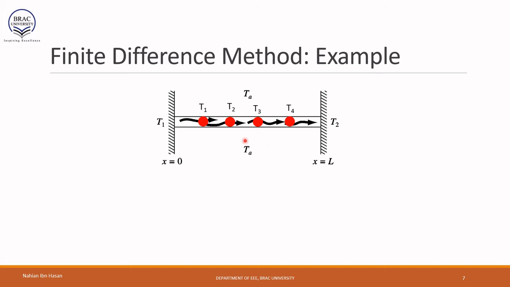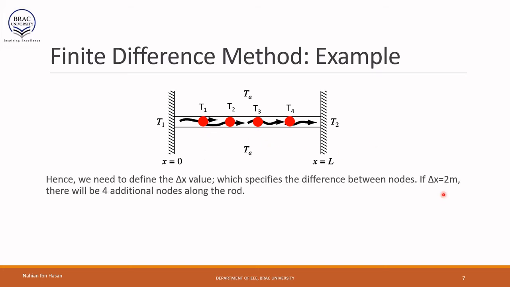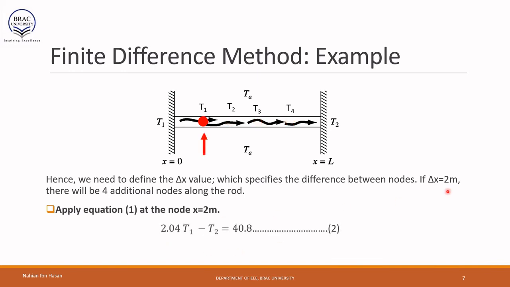If I apply equation 1 at this first node, that is at x equal to 2 meters, the algebraic equation will look like this. In this equation, both T1 and T2 are present.